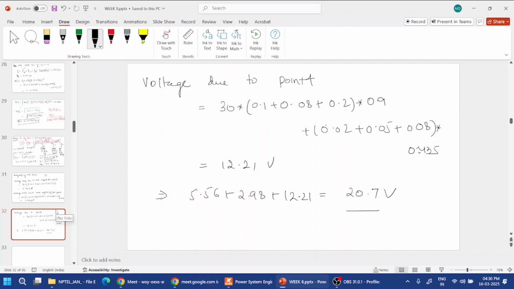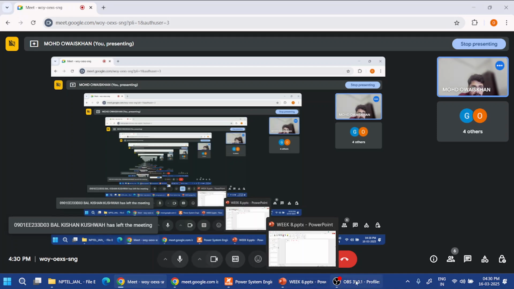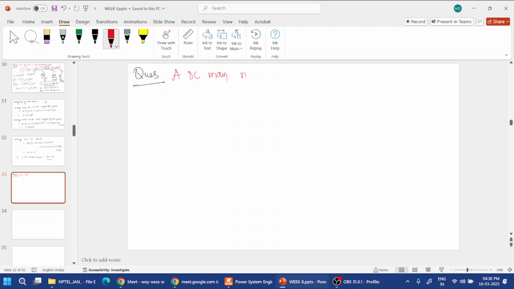Now we will solve another question. A DC main ring distributor is supplied through the AB feeder.